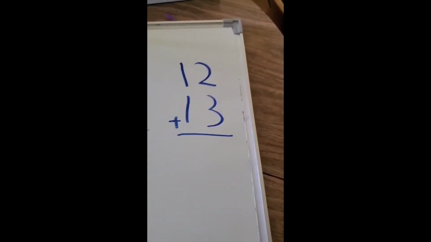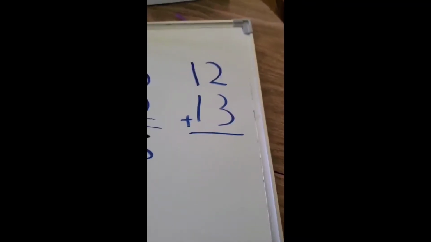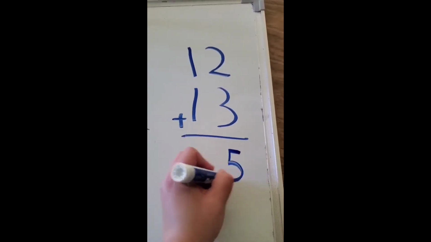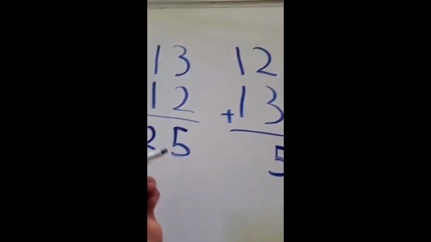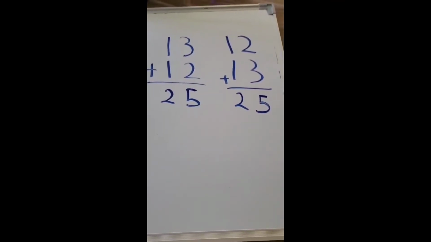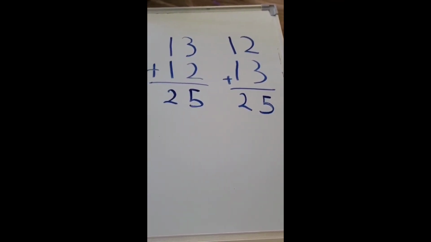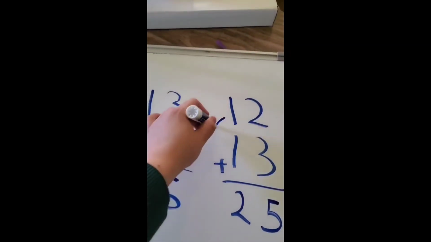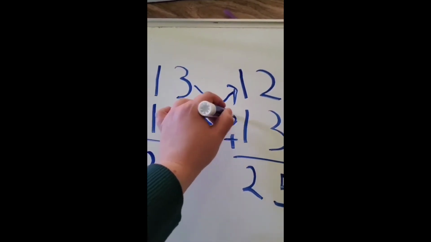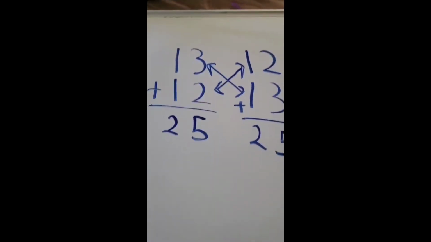Let's add it up and see if we still get the same answer. 3 plus 2 is 5, and 1 plus 1 is 2. I got the same answer, right? Isn't that super cool? I changed where they were at, and I still got the same answer.